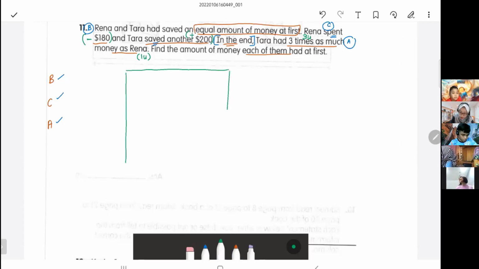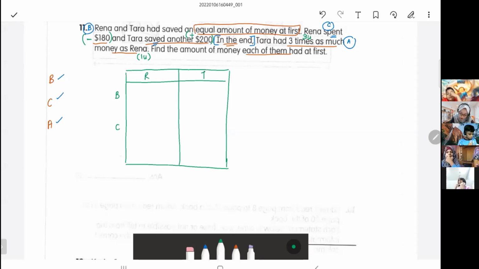Okay, then I'm going to draw out my table. Cut it up into 2 columns because there are 2 girls here, Rina and Tara, and before, change, and after. Then make it into 3 rows like that. Put in the information based on what we have in the question. For my before, I do not know anything, right?